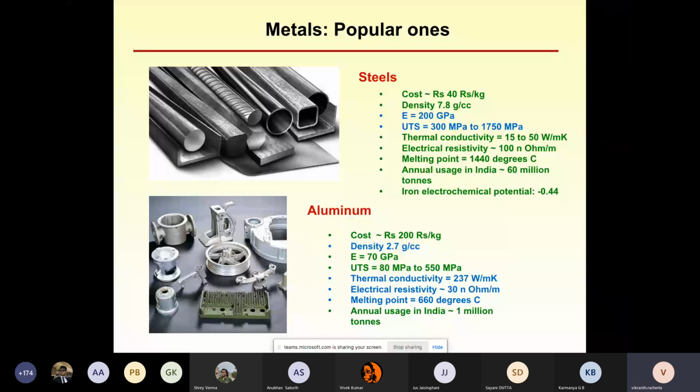So the UTS varies from about 300 MPa to even more than 2000 MPa. There is a high variation in the strength of the steel, but a relatively low variation in the Young's modulus amongst the different steels which you use. Now, what are some of the other properties of interest?